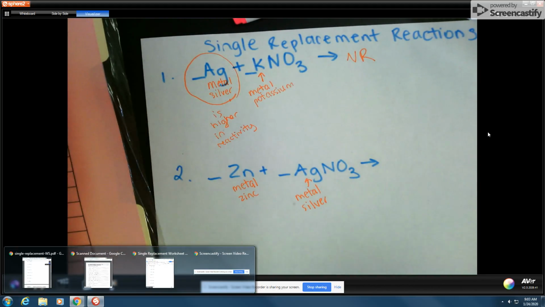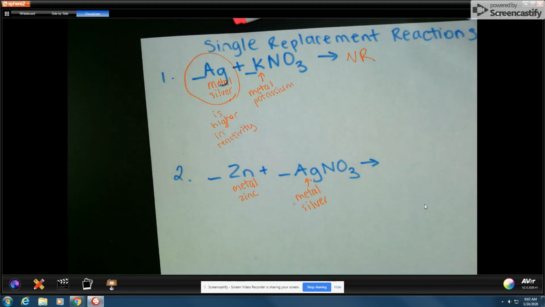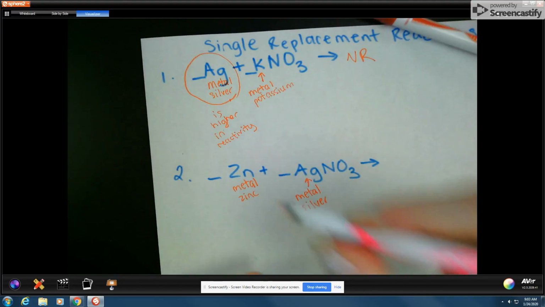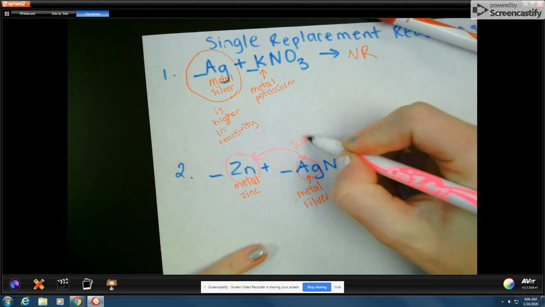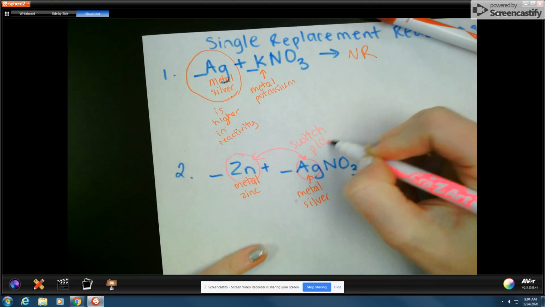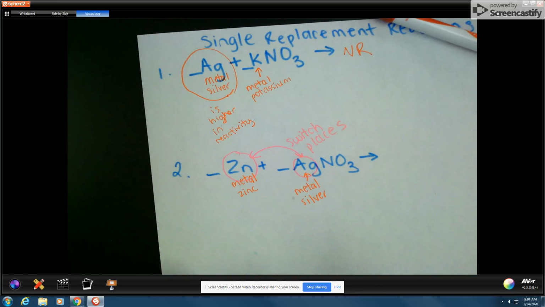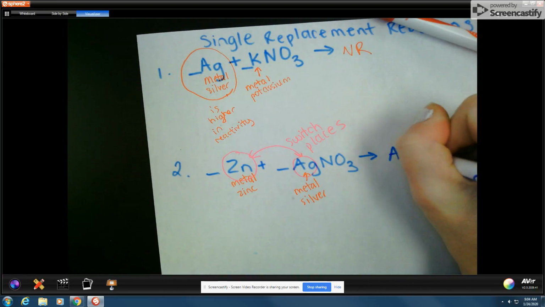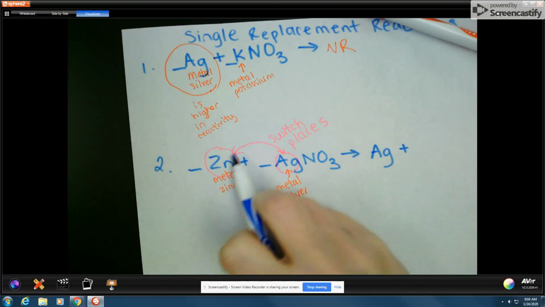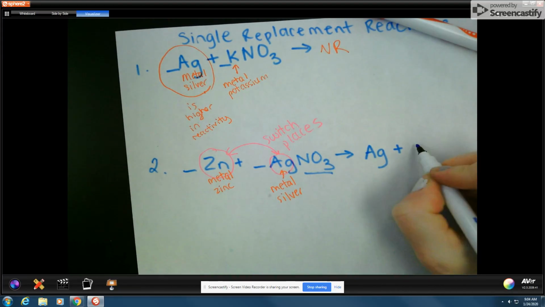This reaction does occur. This is where it gets a little tricky for a single replacement. Your metals are going to switch places. That means Ag is going to be by itself, and zinc is now going to combine with NO3.